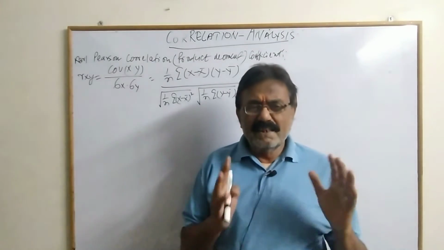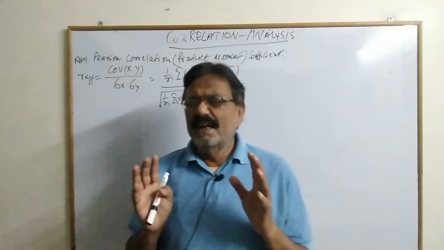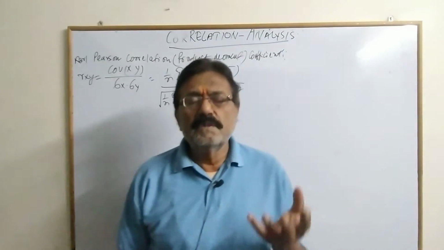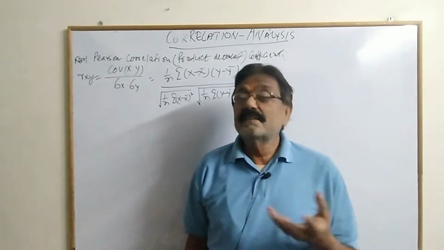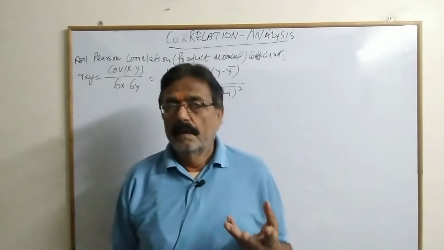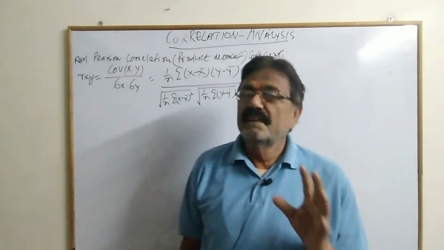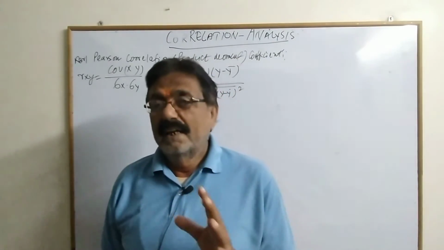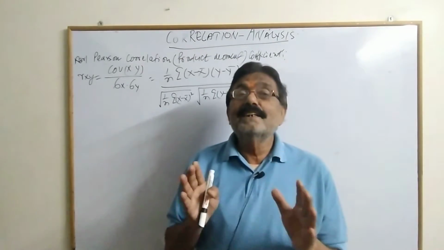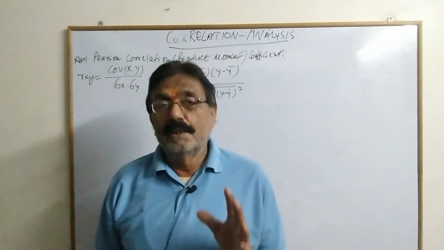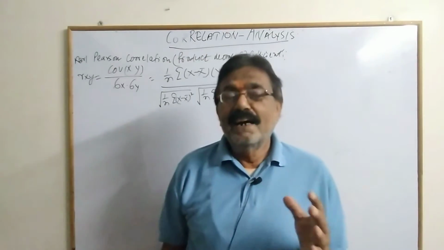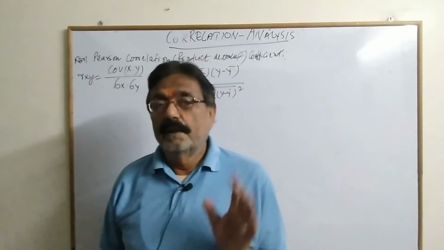So from the scatter diagram, we just have an idea of the existing correlation between x and y. It does not give us the exact measurement. Of course, it gives us an idea of what kind of correlation exists, and within what limit it is likely to fall. If it is positive, then r lies between 0 and 1.